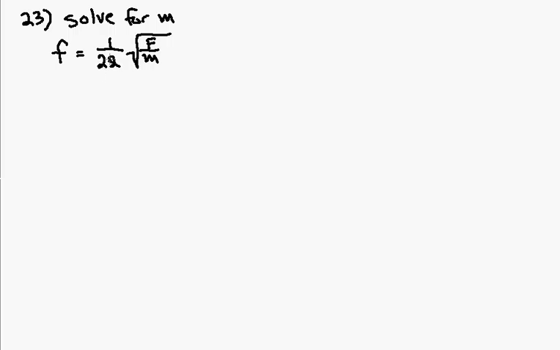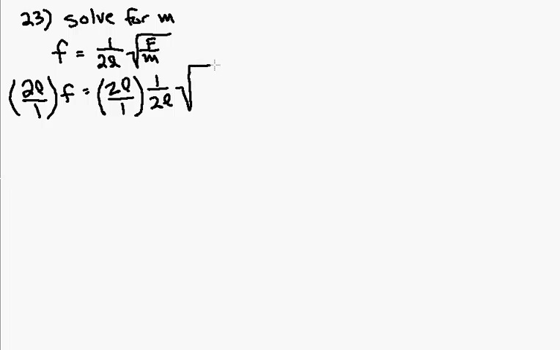And I'd say, gee, the way to make this into 1 would be to multiply both sides of the equation by its reciprocal. So if I were to multiply the left side by 2 times L over 1, make that F, and do the same thing to this side, 2L over 1 times 1 over 2L times the square root of F over M. This right here, this portion turns to 1. 2L over 2L equals 1.